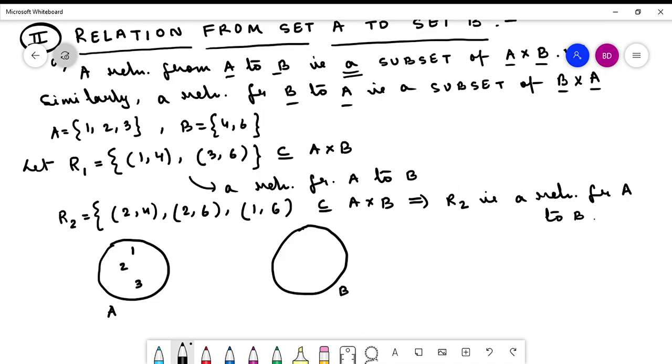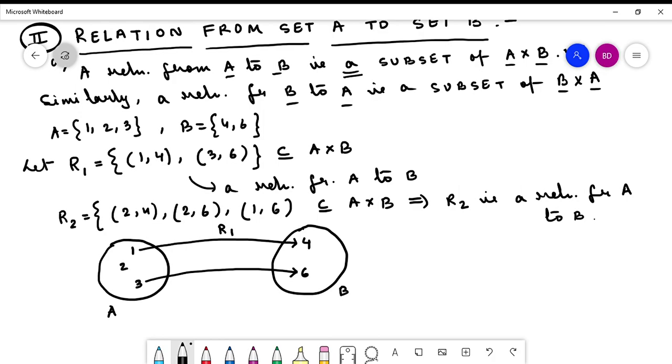Here I have 4 and 6. R1 is (1,4), (3,6). So the relation R1 takes 1 to 4 and 3 to 6. So this is relation R1.